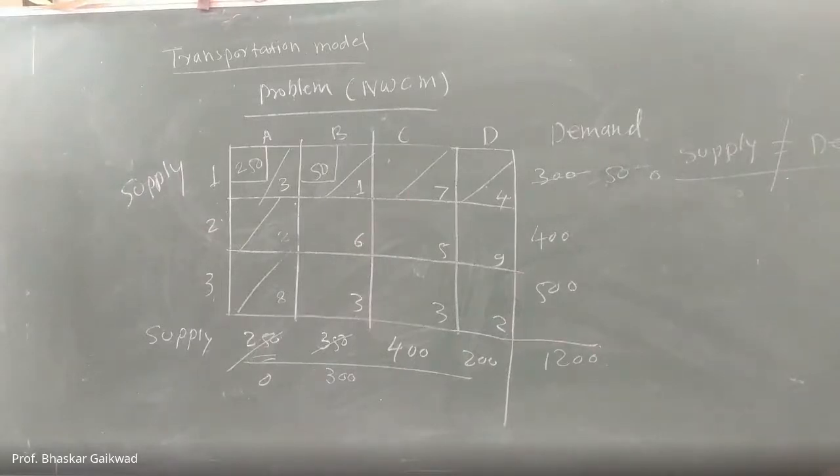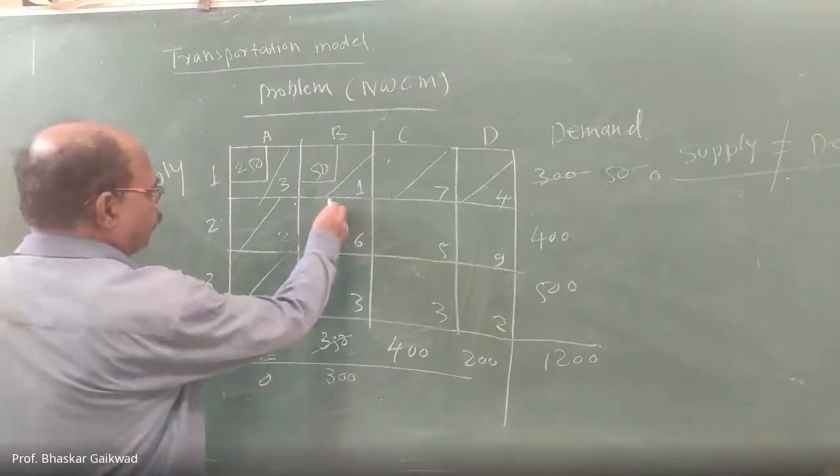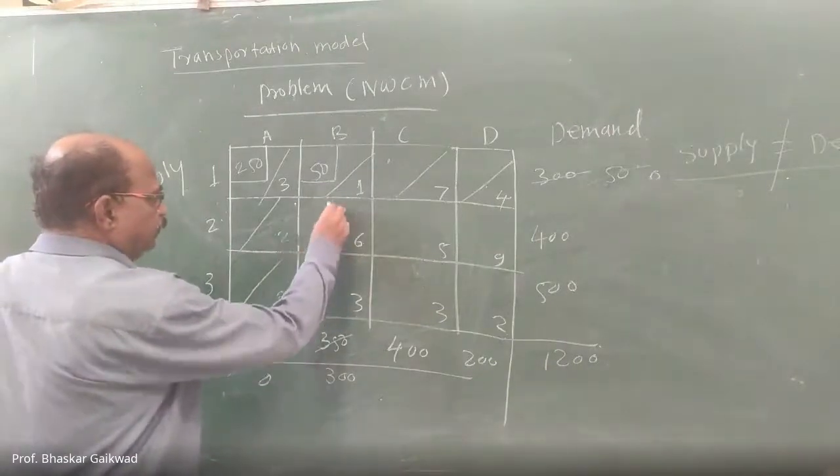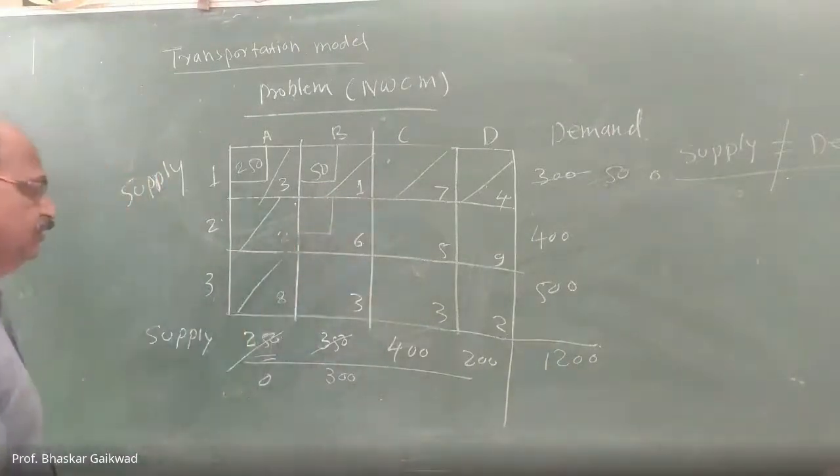Now, which is the next northwest corner? This is the northwest corner. Out of this, you see the demand and supply, which is the minimum. 300 is the minimum.